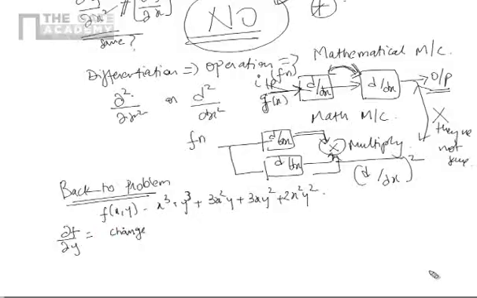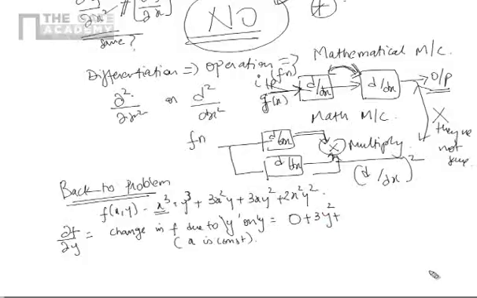Let us write this a couple of times so that it gets registered in our mind: change in f due to y only. That is, when I say y only, x is constant. So x³ is a pure x term, a constant, so there will be no change. On derivative it will give me 0.